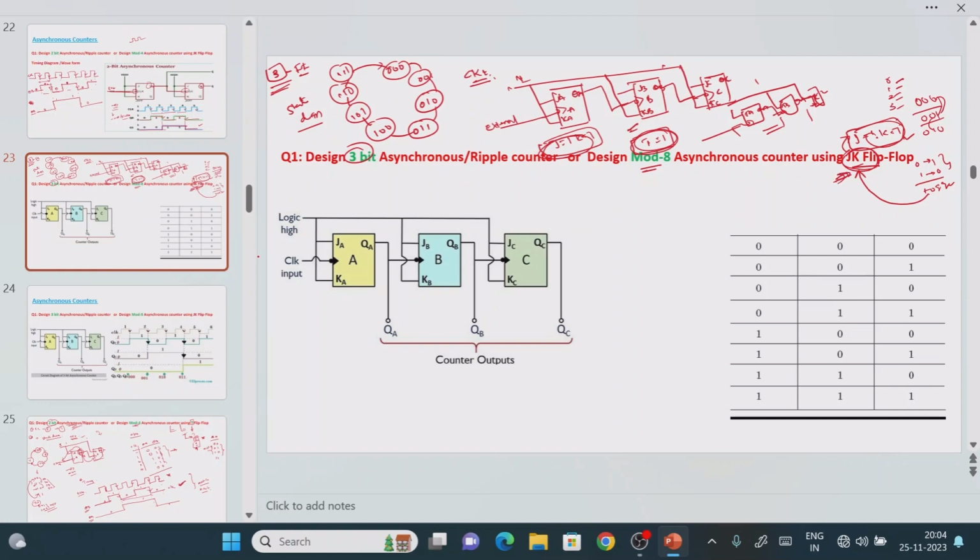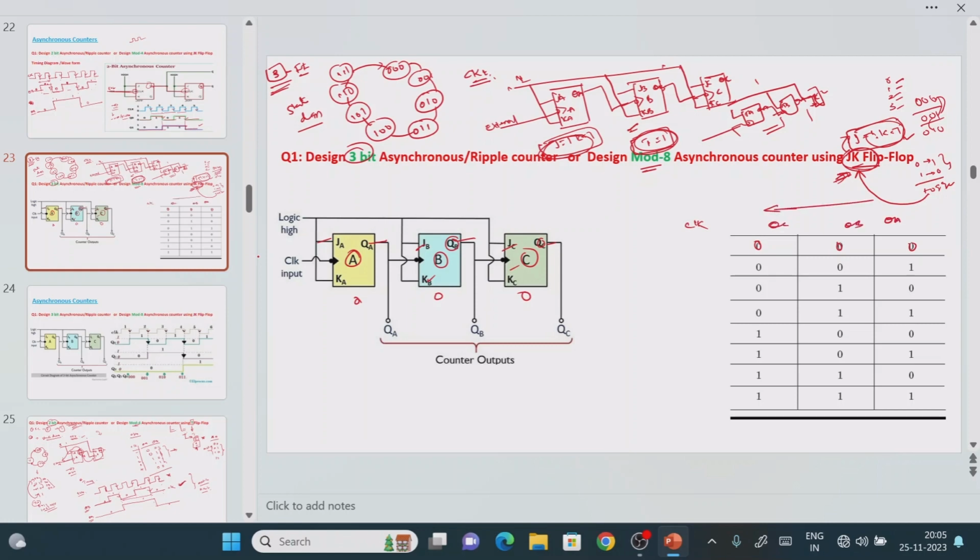Now if you see, this is the circuit diagram, 3 flip-flops. All of JA, KA, JB, KB, JC, KC are connected to 1. These are the outputs of the first flip-flop, second flip-flop, third flip-flop. Now what is the operation? The initial count will be 0 0 0. It means the flip-flop values will be 0 0 0. After applying the clock pulse, let the values be QA, QB, QC.